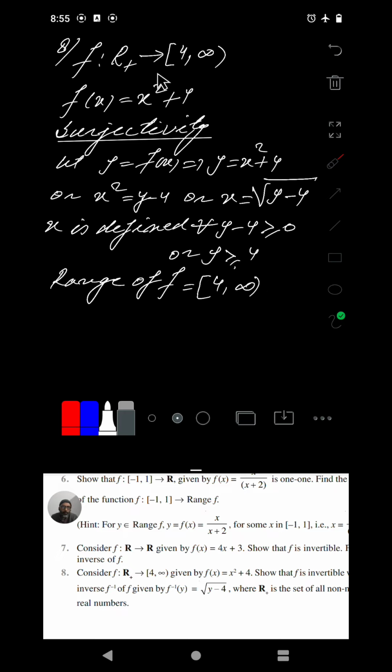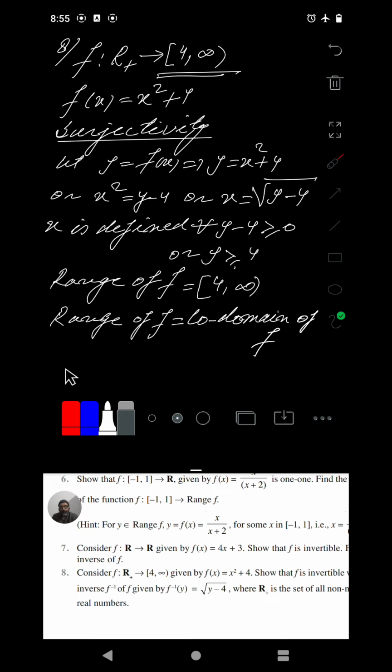The codomain of the function is also the closed interval from 4 to infinity. So we may say that range of f is exactly equal to codomain of f. Thus, f is onto function as well.